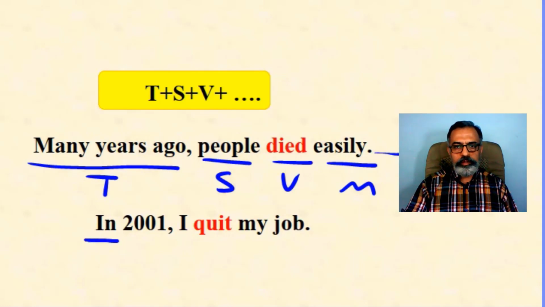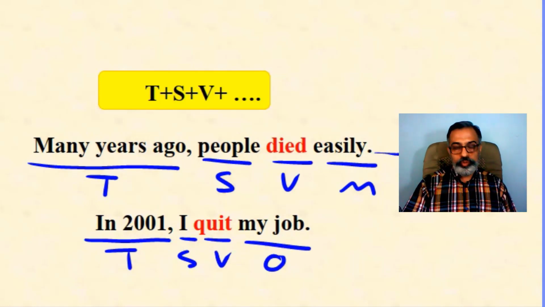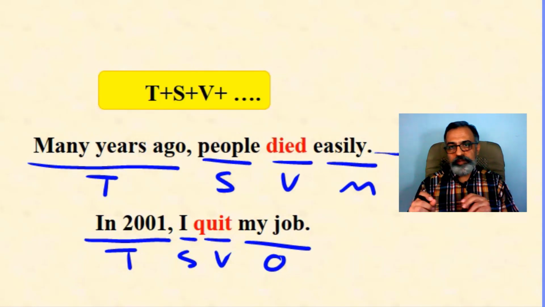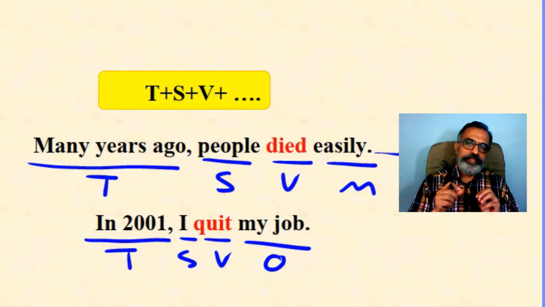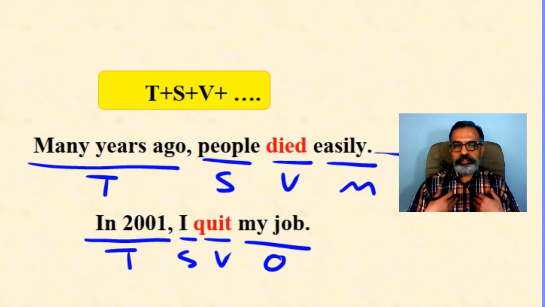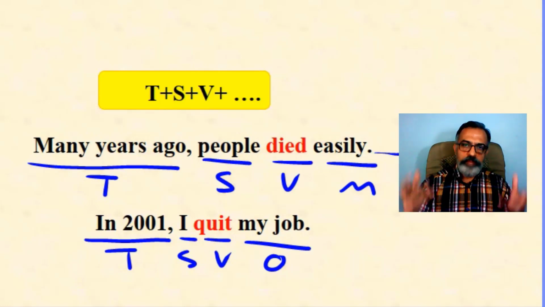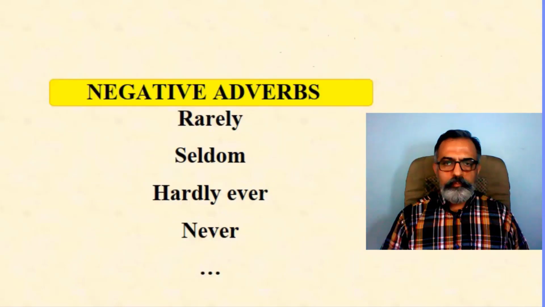In 2001, as a time, I, subject, quit, verb, my job, object. In my country, we eat these kinds of meals, for example. So adverb of place can come at the start of a sentence.